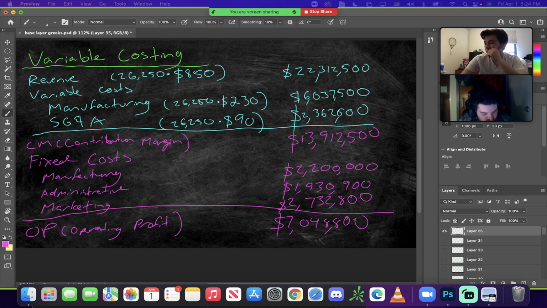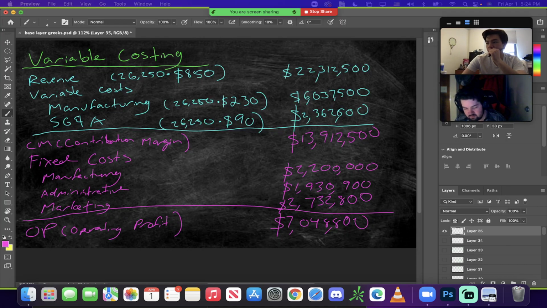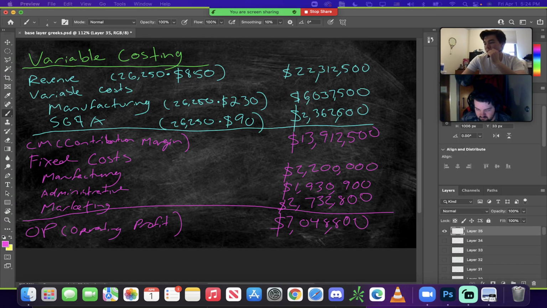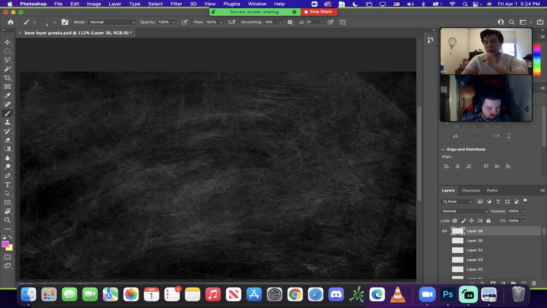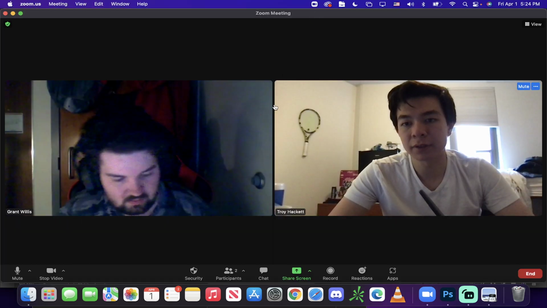Not really. So let's try the absorption costing now. Do you want to do it like that again, or do you want me to stay a little more hands-off? You got the variable costing pretty well for that one. I can try the absorption costing by myself. I'll be writing it out, but I'll hide my screen for now.